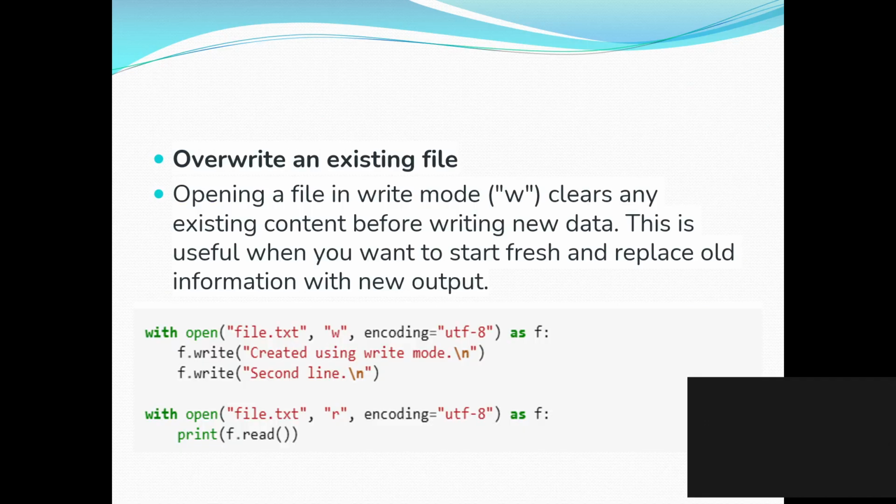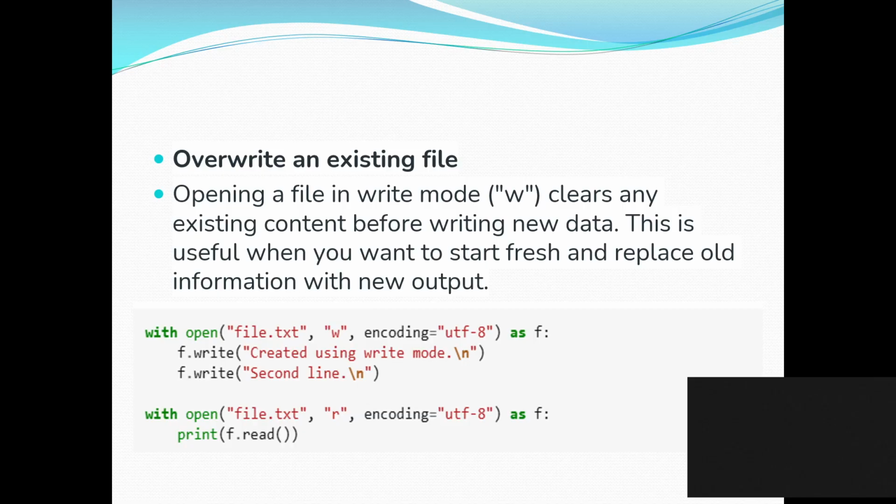So there is one major concern which is called overwriting. If we are using W, it erases the existing content before writing the new data. This is useful when you want to start afresh and replace old information with new output. But sometimes you need the existing content and you want to continue from where you left off.